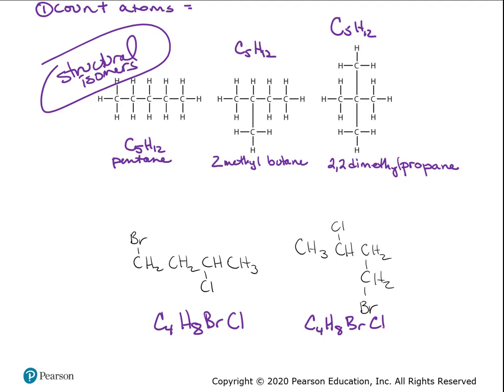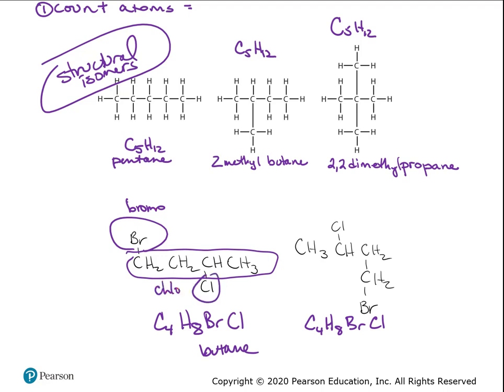What would be the name of the first one? Longest carbon chain makes this a butane. Right? So everybody sees the longest carbon chain. Then hanging off of this is a bromo. And the other one is a chloro. Which side do you number from, left or right?